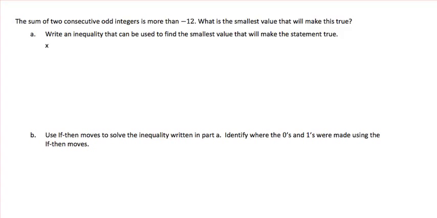If we choose n to be an integer, then, correction, 2n plus 1 would be an odd integer.